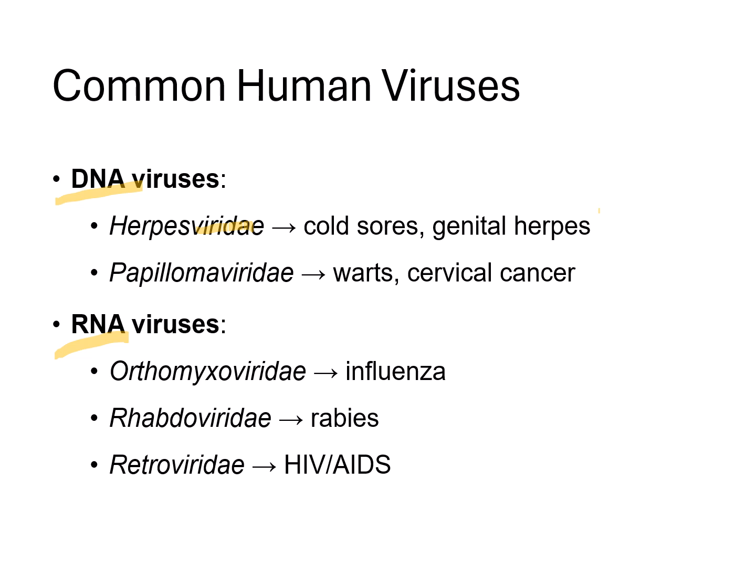Herpes viridae can cause, or viruses within this family can cause cold sores or genital herpes. For papilloma viridae, these viruses can cause warts or cervical cancer. For orthomyxoviridae, some of these viruses can cause influenza. Rhabdoviridae can cause rabies, and viruses within this family, retroviridae, include HIV, the virus that causes AIDS.